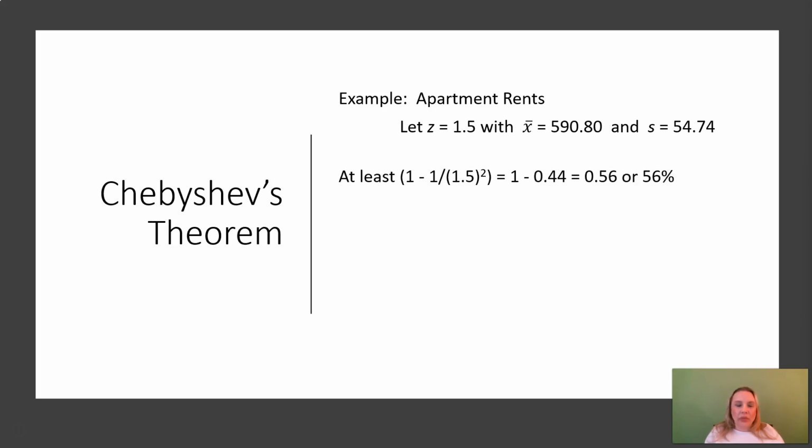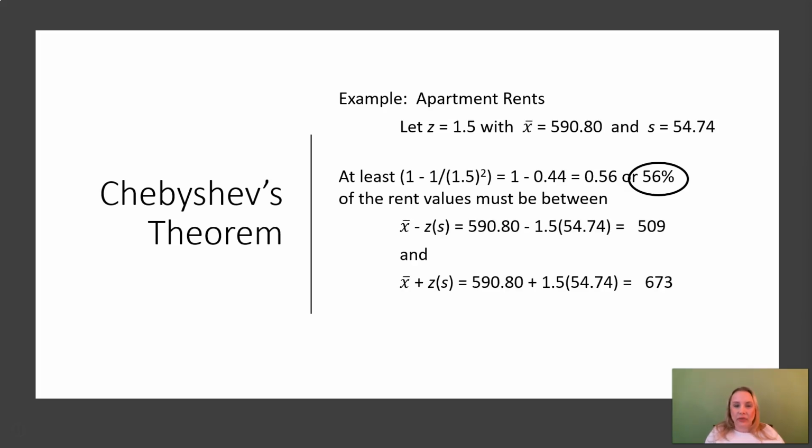Remember the rule that at least 1 minus 1 over 1.5 squared must be within that range, which means 56% needs to be between negative 1.5 and positive 1.5 standard deviations. So that's going to be 509 as my lower bound, and 673 as my upper bound.